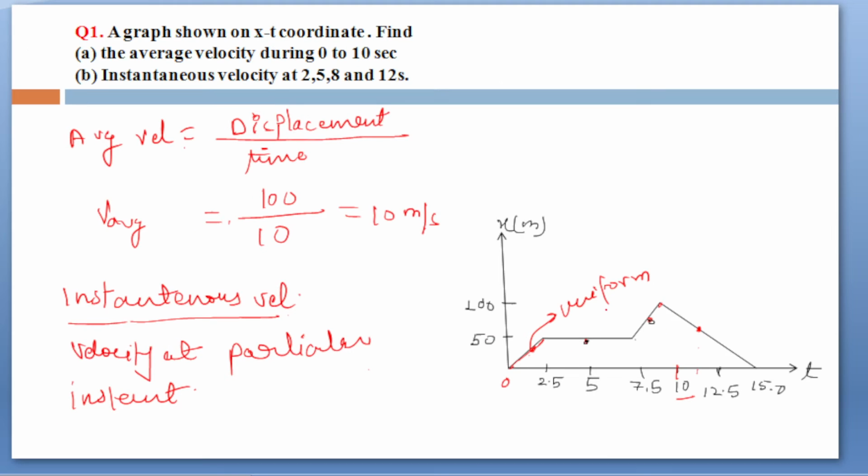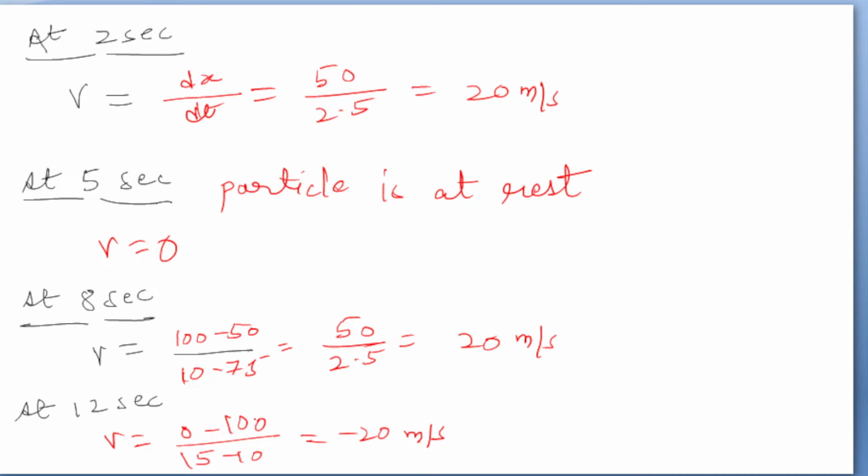As we can see from the graph, the slope is decreasing, so velocity is decreasing, therefore this is negative.